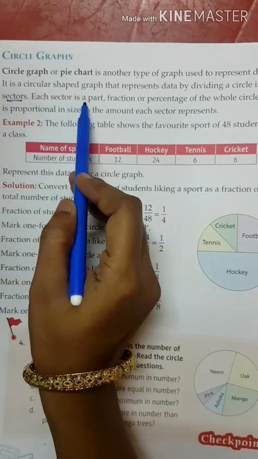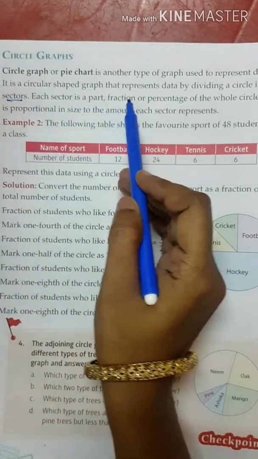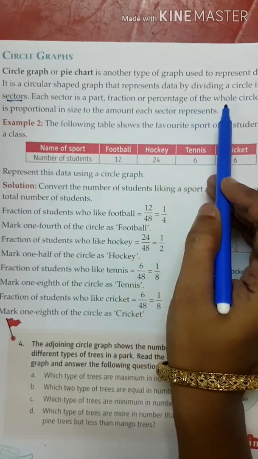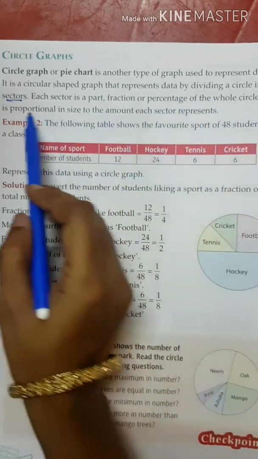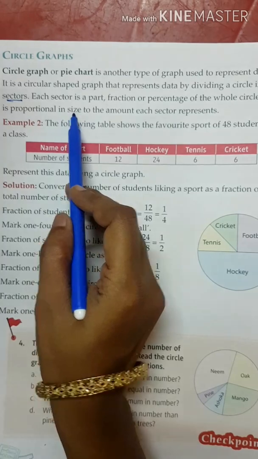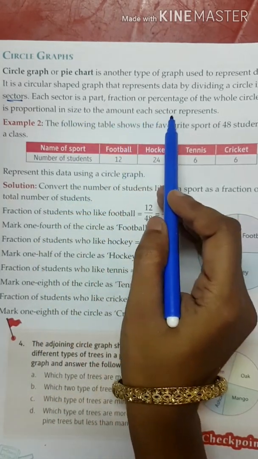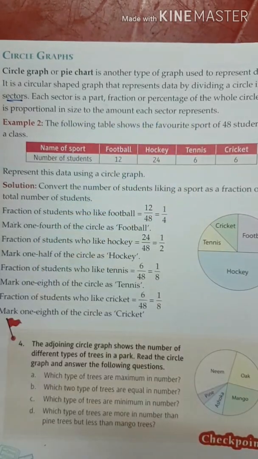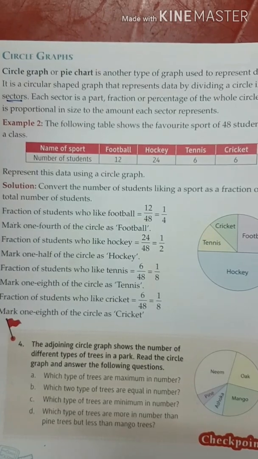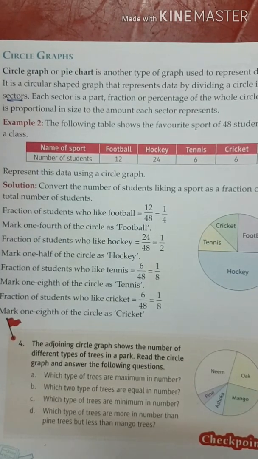Each sector is a part, fraction or percentage of the whole circle and is proportional in size to the amount each sector represents. Yes, it is easy to understand. So how are we representing? We are representing the data using circles and we are dividing into parts, that means sectors.